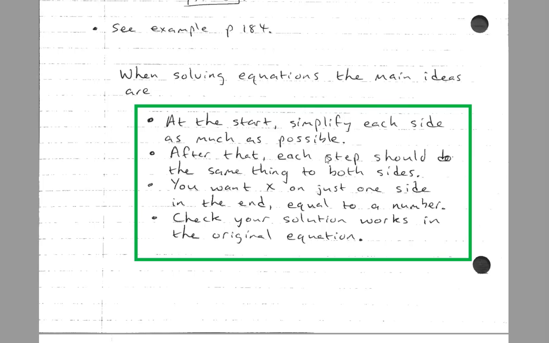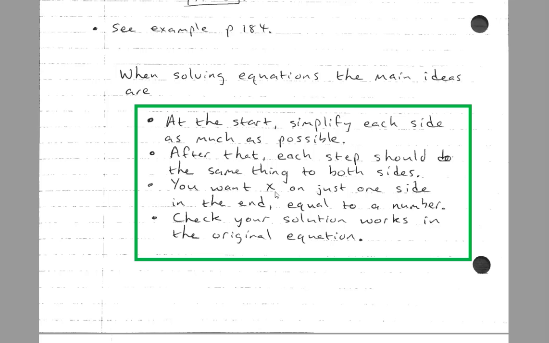After that, at each step you should be doing the same thing to both sides. So usually subtracting the same number or dividing both sides by the same number. And of course the goal is you want the x's just on one side.